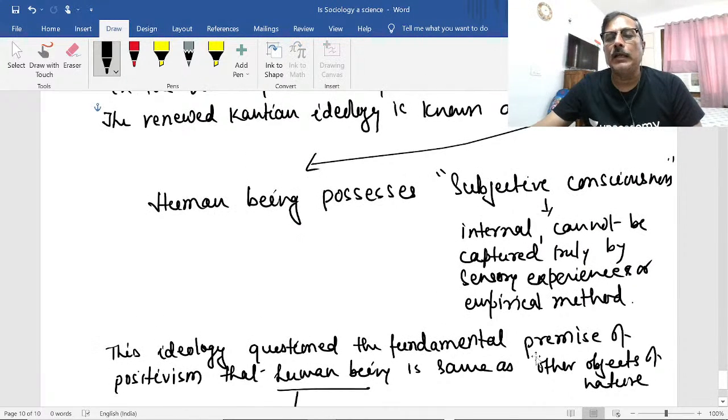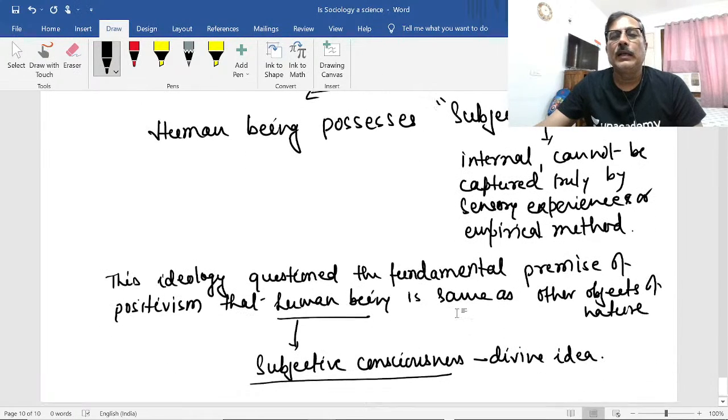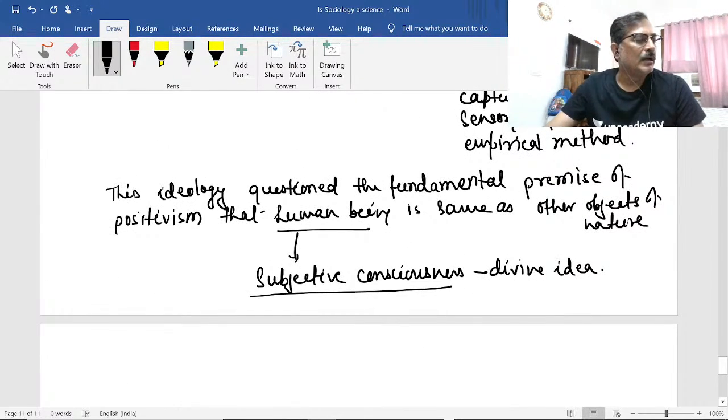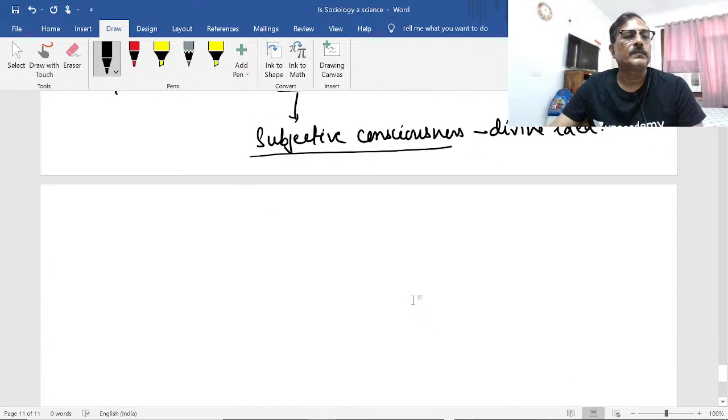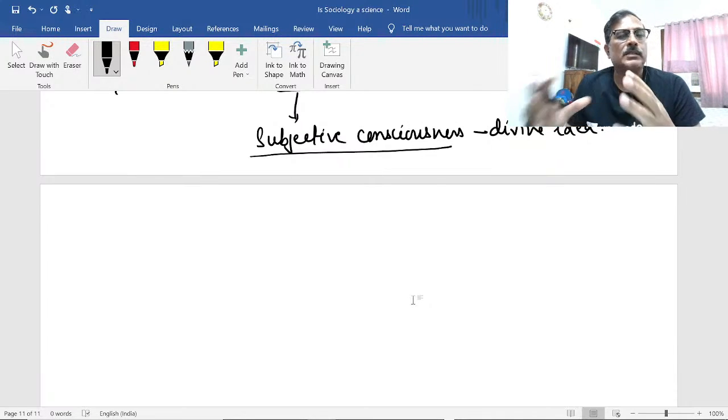Now here there is a very important aspect, and the important aspect is that objects of nature are believed not to have consciousness, right? Whereas human being possesses consciousness.